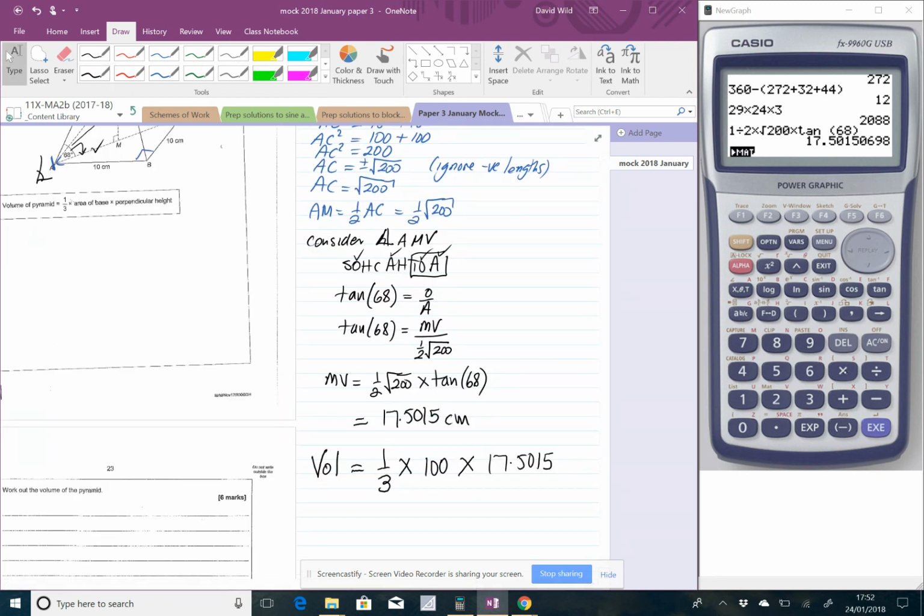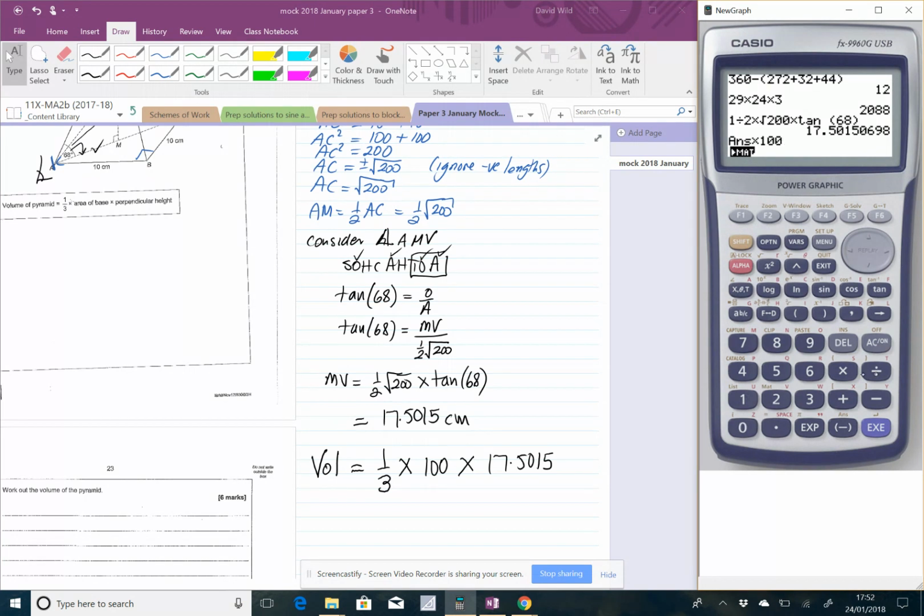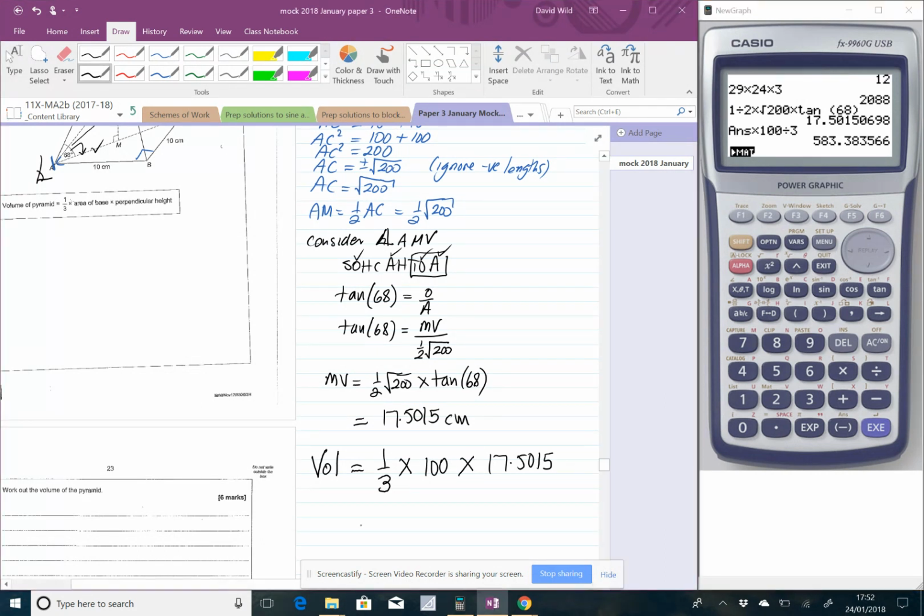So if I keep that in the calculator as my answer, multiply that by 100 and then divide it by 3, which is the same as multiplying by a third, and I get 583.4, that would be to one decimal place. You might want to say 583 to 3 significant figures or something like that. And the units, of course, are centimeters cubed.